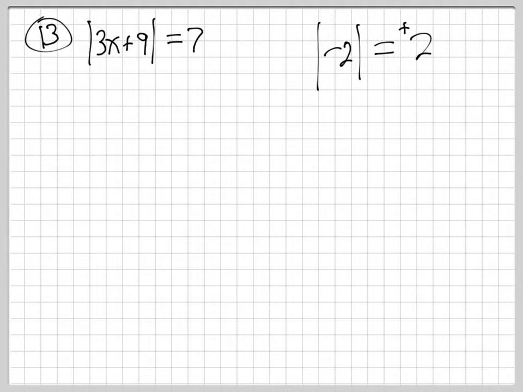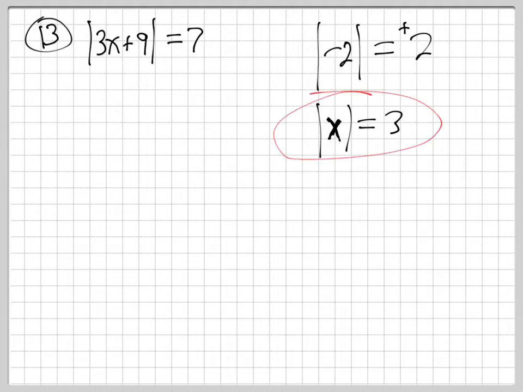Okay. But it does get a little more tricky when an x gets involved, like on this problem. So let me ask you, what if I had absolute value of x equals 3? Again, absolute value makes anything inside positive and then vanishes. So what are the solutions to this? Let's just think it out logically. If somebody gave me that equation and asked me, hey, what can be put in there and will make it work?